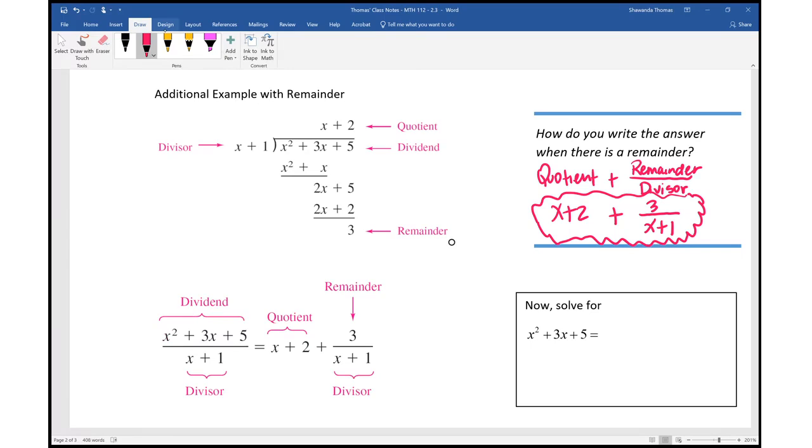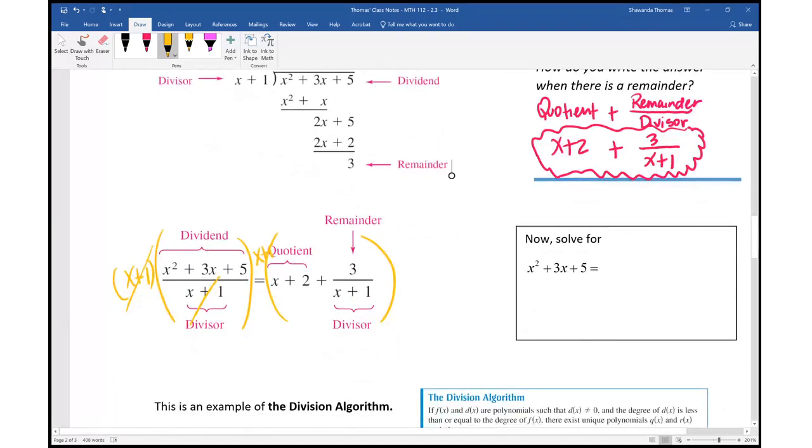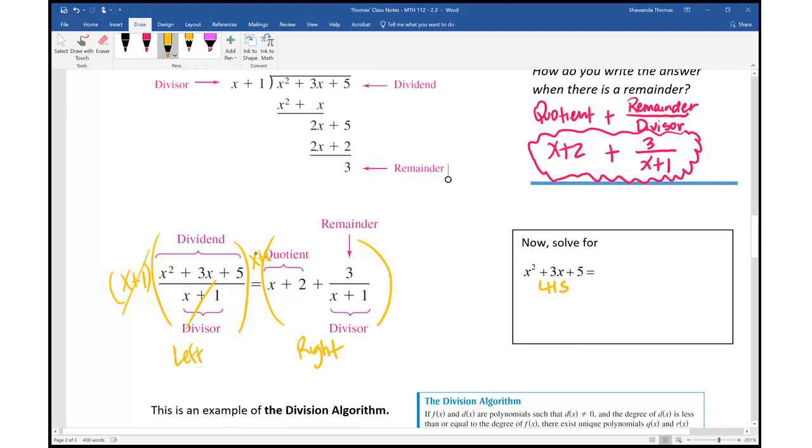You will multiply both sides by x plus 1 to get rid of it. What will happen? That x plus 1 right here will cancel on the left, the left hand side over here. So you get this on the left hand side. But what would be on the right hand side? Well, you have to multiply x plus 1 times x plus 2.